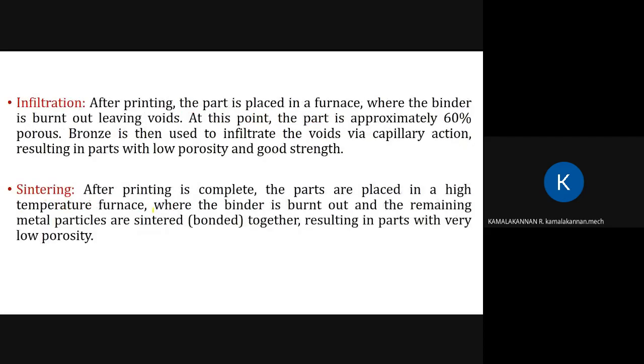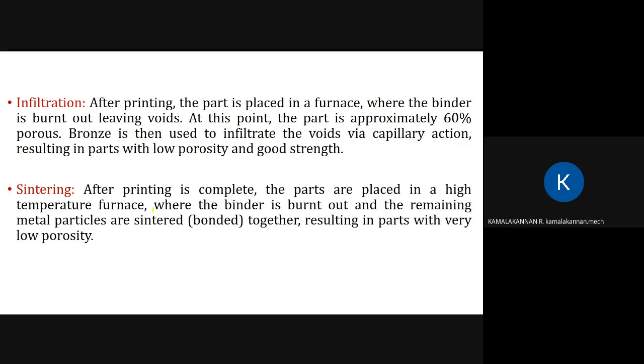What do we mean by infiltration? Once the part is finished in the build platform, after a certain period of time we take it out from the platform. Once taken out, it will be in a green state, so it contains binder and the metal powder.